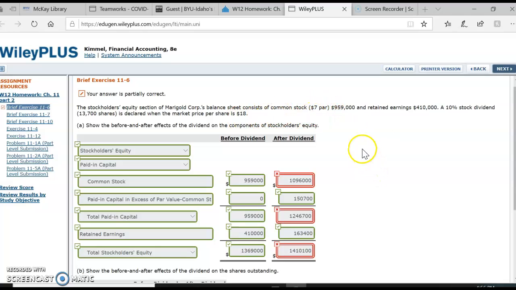If we do that, it will come up with $11. And so if we multiply the 13,700 shares times $11, it will give us $150,700, and that will be the paid-in capital in excess of par value common stock.